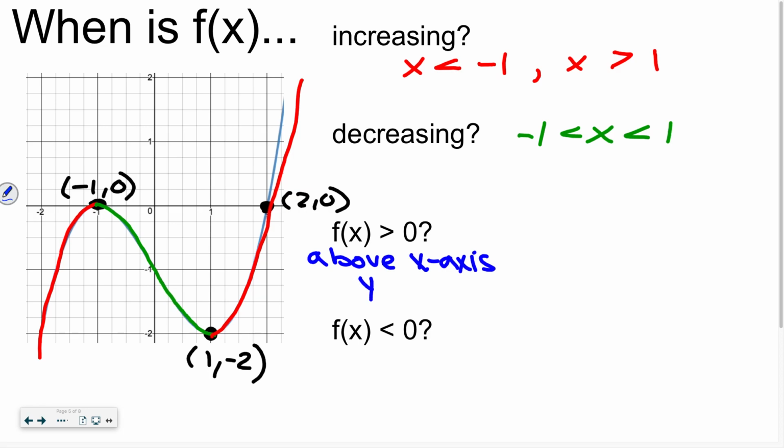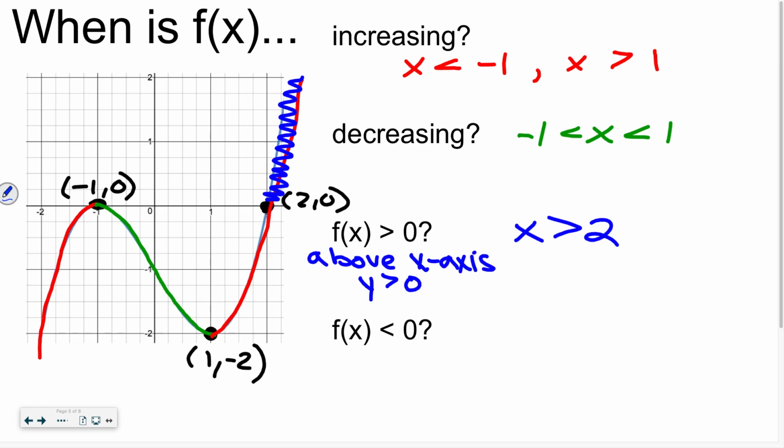If I'm looking at my graph for above the x-axis, the only place that happens is on that right side, right? So those are for all x's that are greater than 2, the x-intercept.